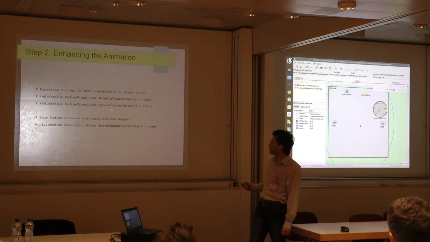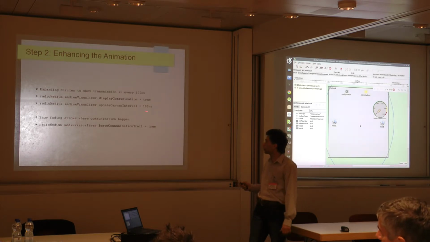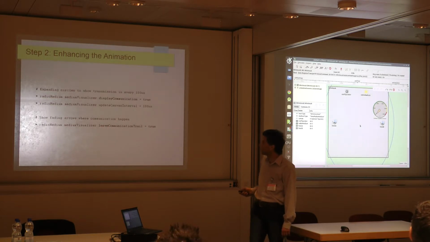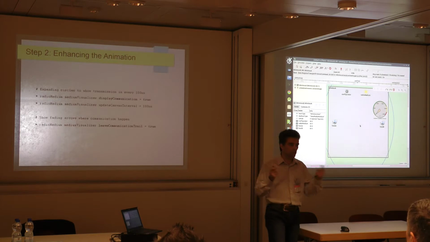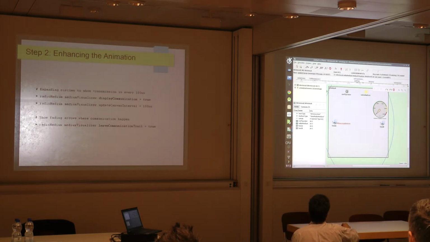We can also give an update interval, so when you see the expanding radio communication, it will generate an event every 100 nanoseconds. We also want to see the leaving communication trails, so successful communications should also be shown on the display, and we will see this type of stuff. It's neat and great for presentation, and you can see that it's actually communicating directly.